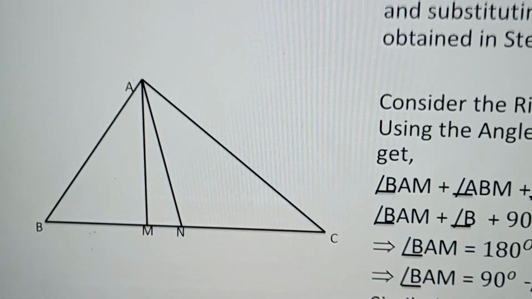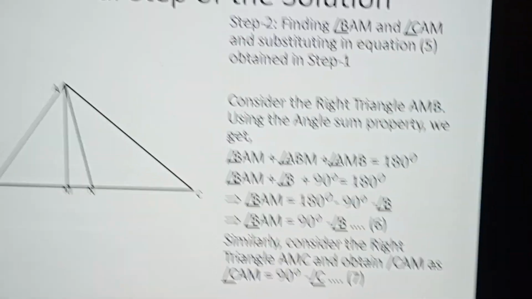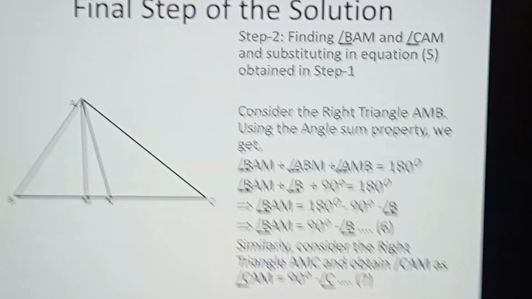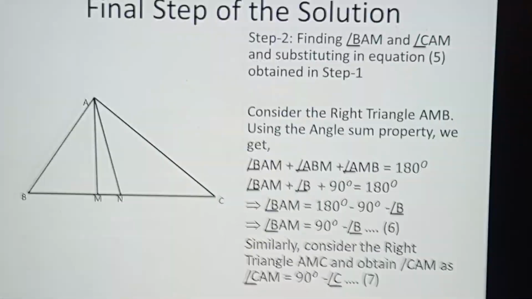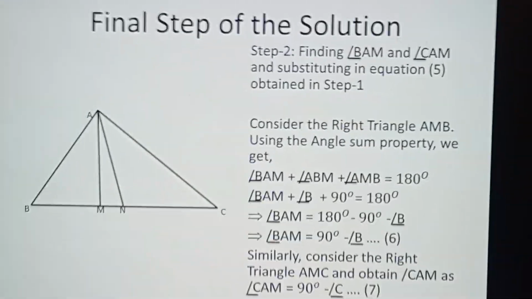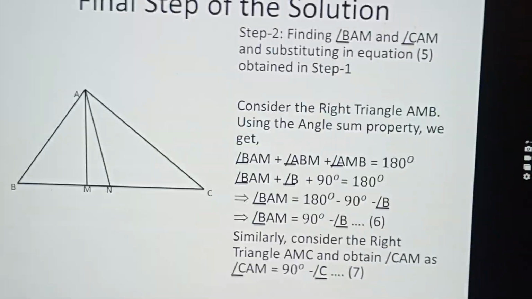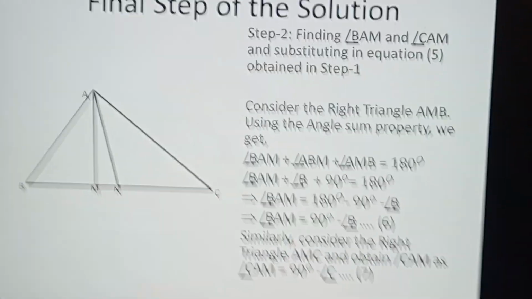AMB is a right triangle. Using the angle sum property, we get angle BAM plus angle ABM plus angle AMB is equal to 180 degrees.